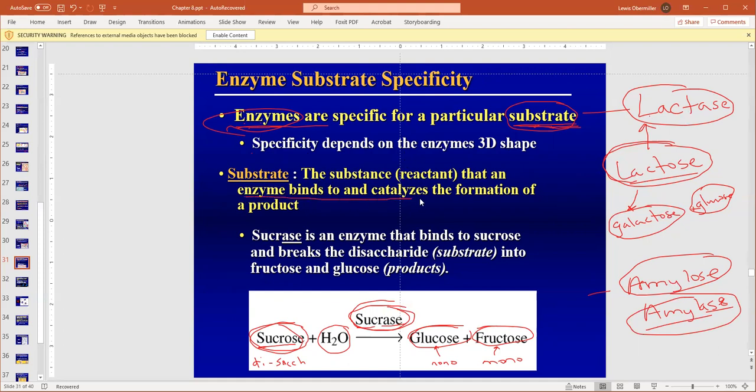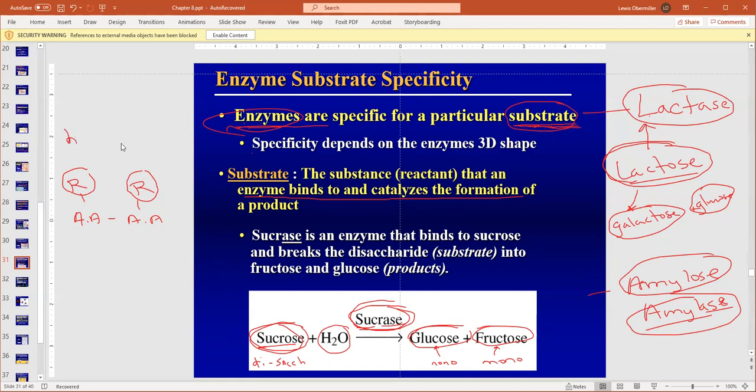We talked a little bit about this because we have amino acids that are linked together, and we talked about their R groups in the chapter 5 lecture. In the case of sucrase, its R groups want to attract water.